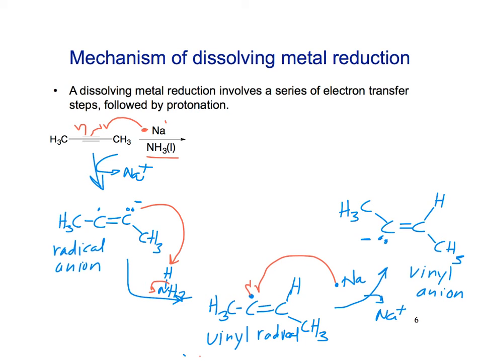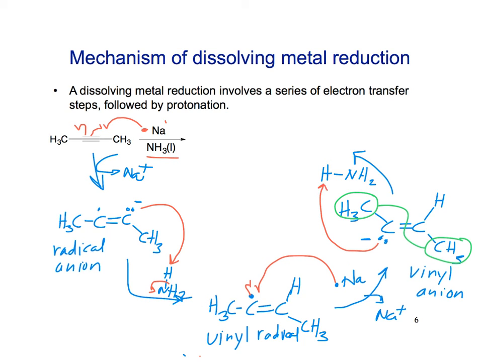In this case, the vinyl anion orients itself so the two bigger methyl groups are opposite one another, so this is more stable. In the final step, we have another acid-base reaction. The vinyl anion is very basic.